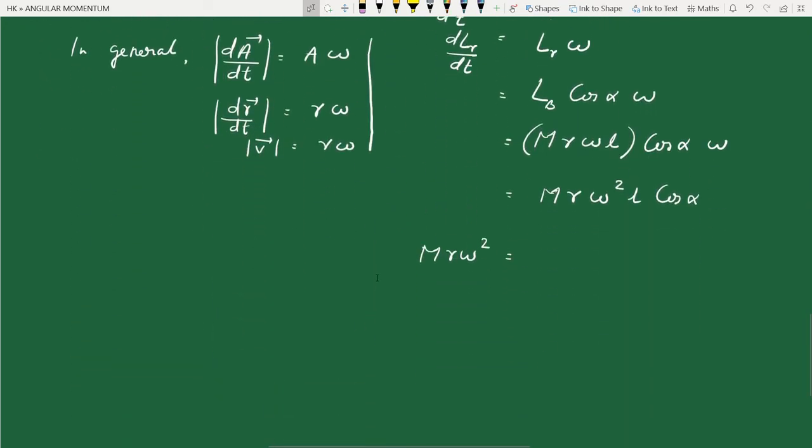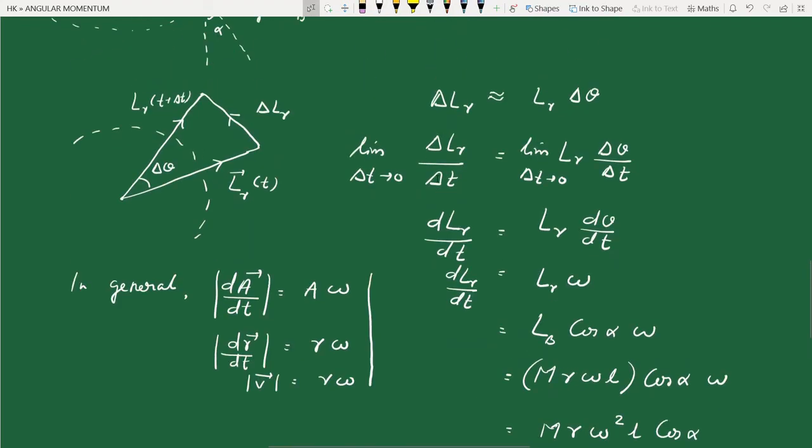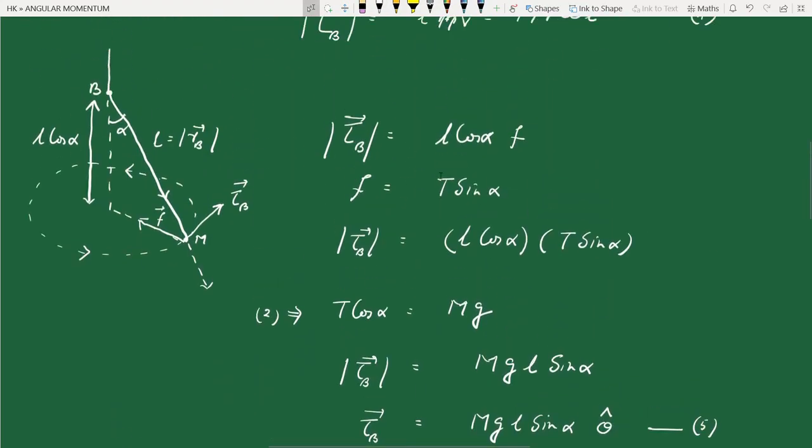So let us substitute for mr omega square. Mr omega square is T sine alpha. Therefore, dLr by dt is equal to T sine alpha, I am substituting for mr omega square, into L cos alpha. Again, we have used equation 2.